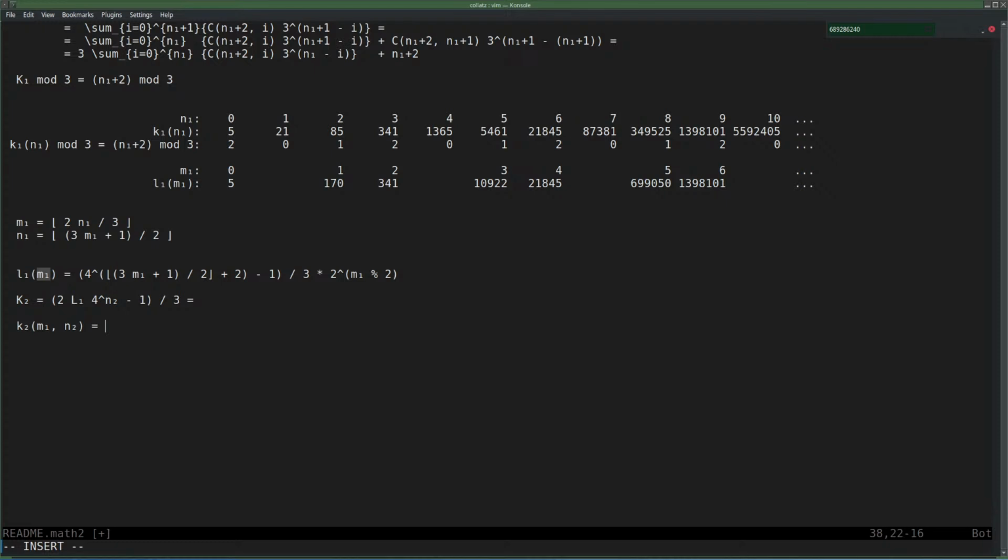And it can be written as this formula where we just fill in L1 as a function now. So I can copy it. And then this L1 must be this thing here. Now let's put a few stars in it for multiplication.